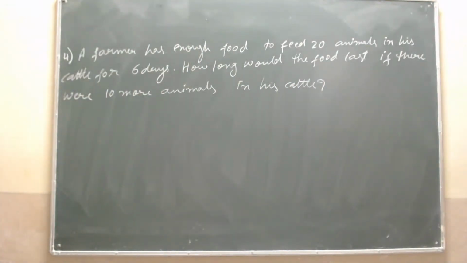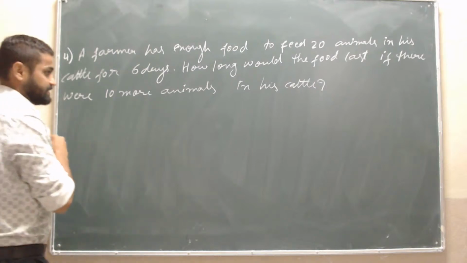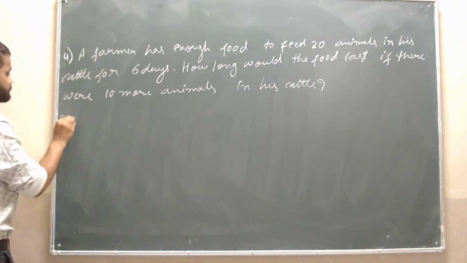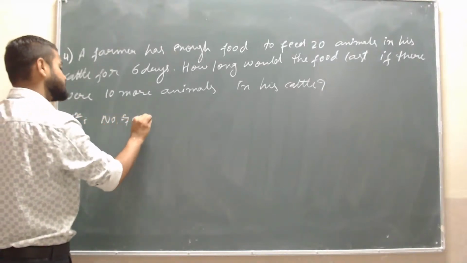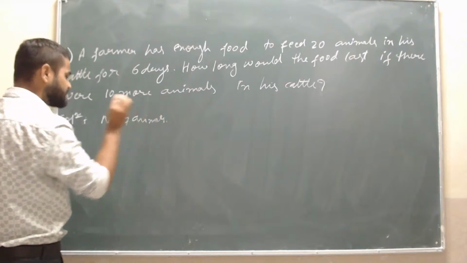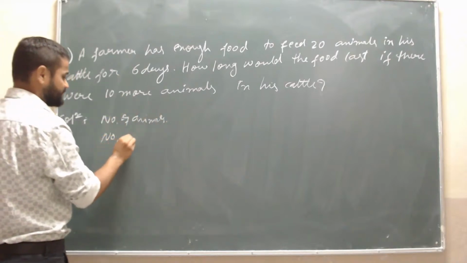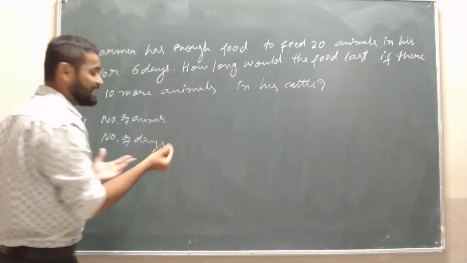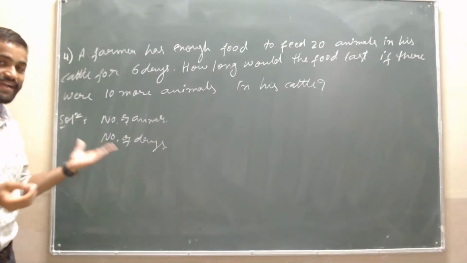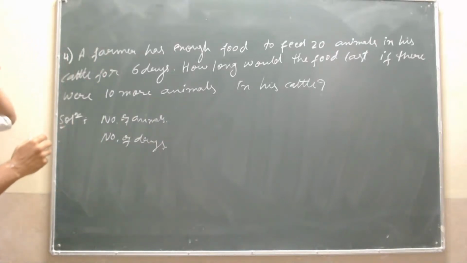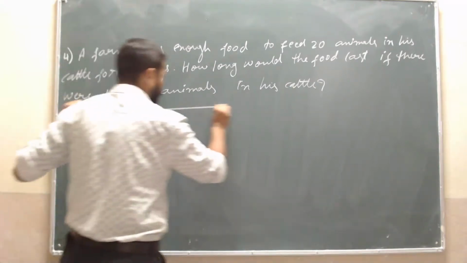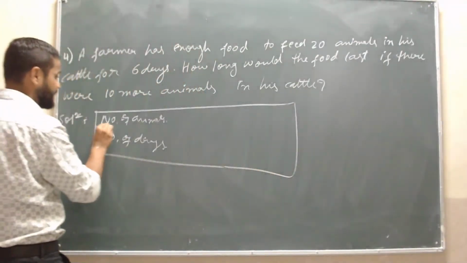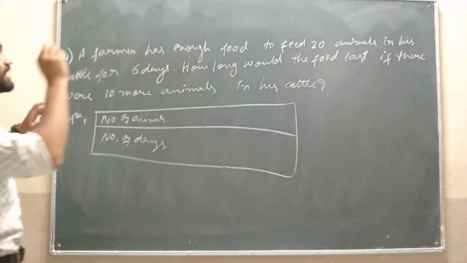See, students, he has given the number of animals and the number of days. Yes, concentrate here. Let's see the question. A farmer in his cattle has 20 animals.